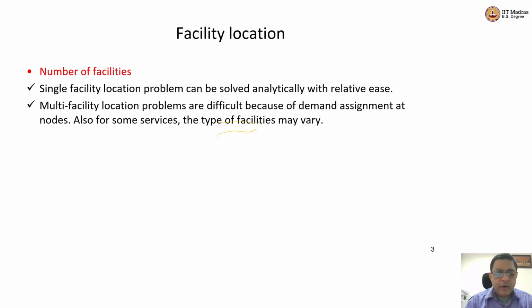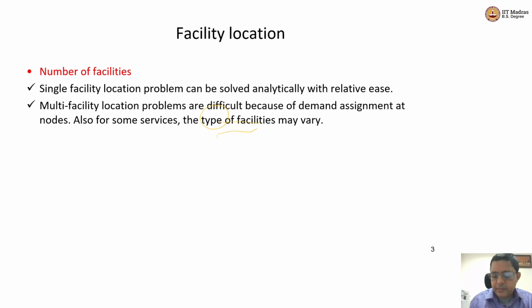Obviously you have to protect them from the weather. You don't want grains to get soaked in rain. But grain storage may not require cold storage, whereas fruit storage may require cold storage. Therefore, you are talking about type of facilities, right? So, multiple facility location problems are inherently harder problems because of all these issues.